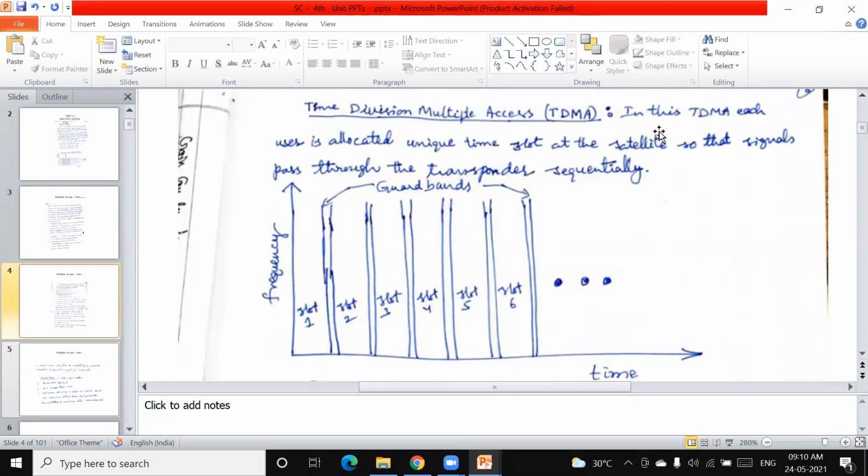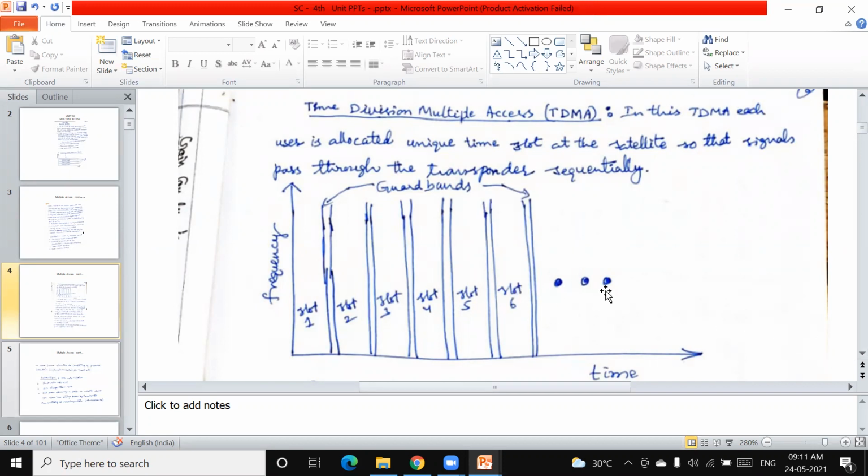In time division multiple access, each user is allocated a unique time slot, whereas in FDMA each user is allocated a unique frequency band. Here it is a unique time slot at the satellite, so that signals pass through the transponder sequentially. In this time slot the user can access the satellite; here only user 2 can access.